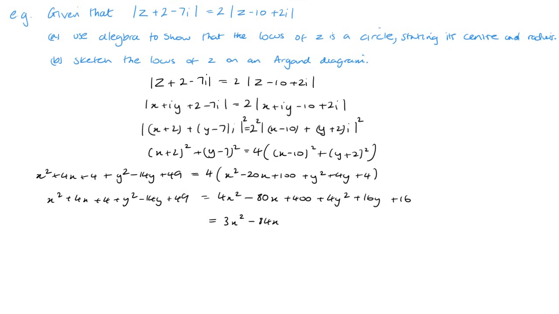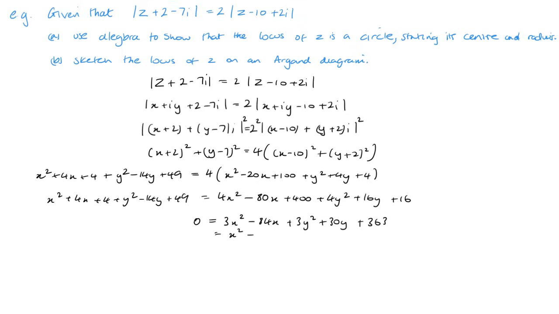Now currently I have 416 on the right, and on the left I have 53, but I'll leave that constant for now, and I'll just do the y squared, so plus 3y squared, and then I'm adding 14y to my 16y, so that's 30y, and then my constant is going to be 363, and that equals 0.